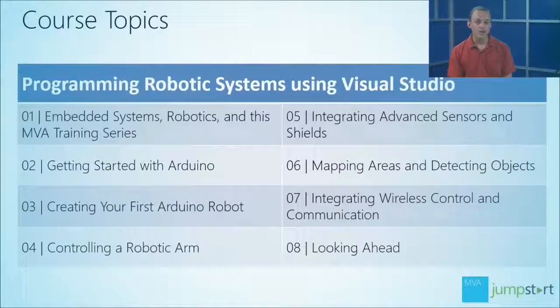We really want you to think of this course beyond just robotics. Robotics is kind of the hobbyist arm of what we're going to be talking about. Really, this is about embedded systems. We're going to use the term Internet of Things. That's kind of the popular term these days to talk about these kinds of things. We're going to talk about that a little bit later, but it really is broader than just robotics. This is to get you introduced into that whole topic. So we'll do that in Module 1.